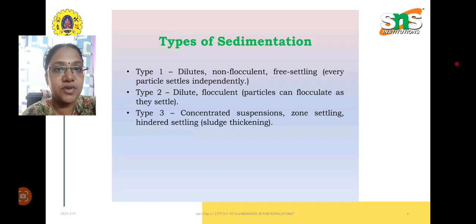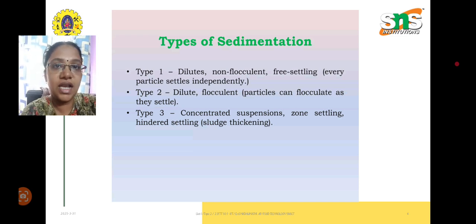There are three types of sedimentation. One is dilute, non-flocculent free settling, where every particle settles independently; that is type 1 sedimentation. Type 2 is also dilute but flocculent, where the particles can flocculate as they settle down.